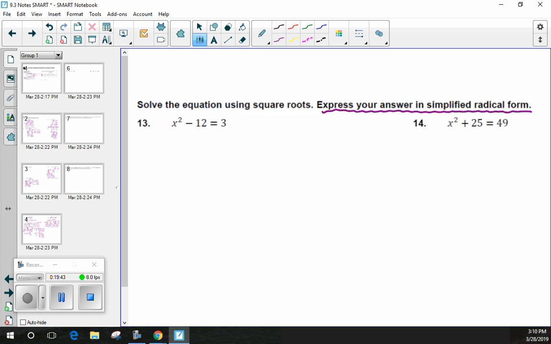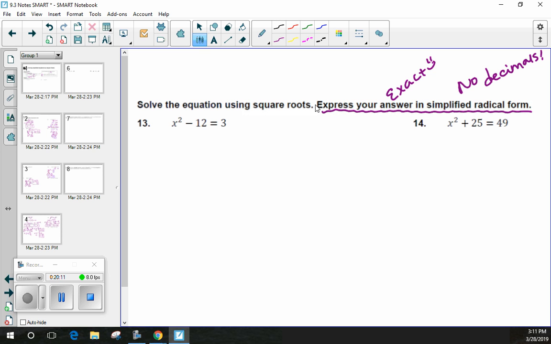We want exact answers that are clean, easy to read, in simplified radical form. Simplified radical form means that our answer is exact. That's why we like it, and it means no decimals. Make sure you're understanding that.